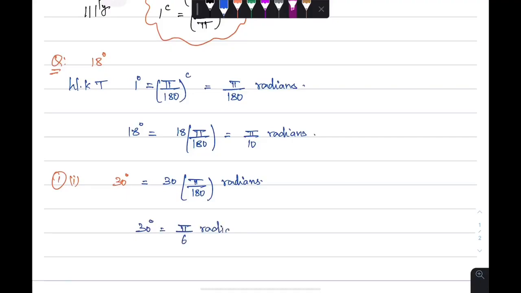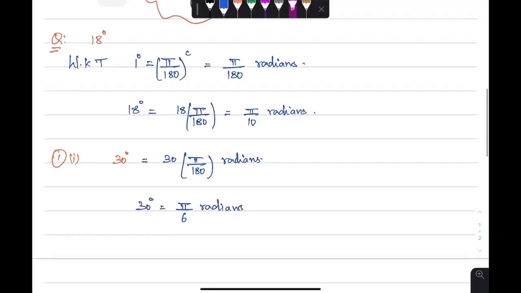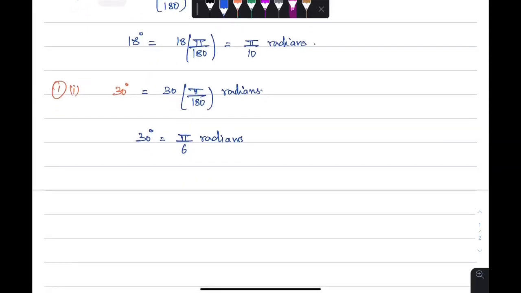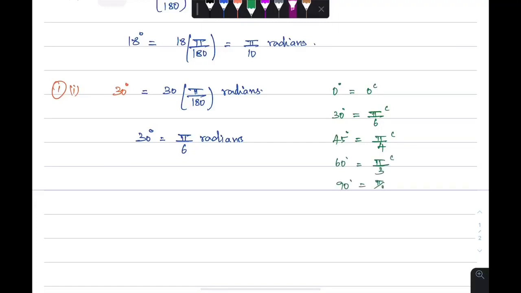Very good. So now, as I mentioned, you should also know the conversion of the standard angles. Here 0 degree in terms of radian is 0 radian itself. 30 degree is pi by 6, which we just did, and 45 degree is pi by 4 radian, and 60 degree is equal to pi by 3 radian, and 90 degree is equal to exactly pi by 2 radians, children.